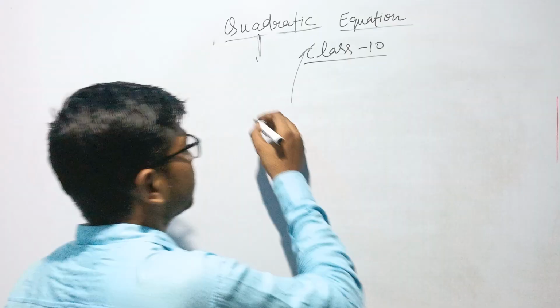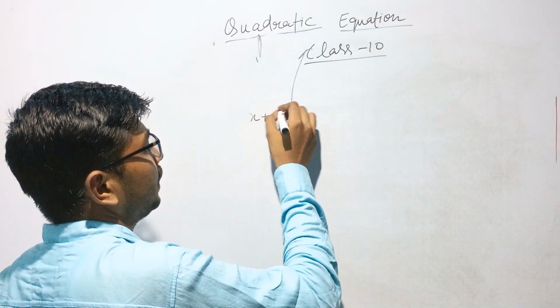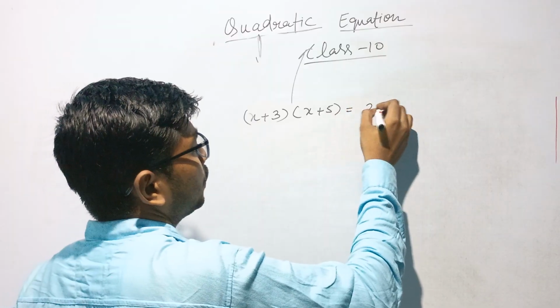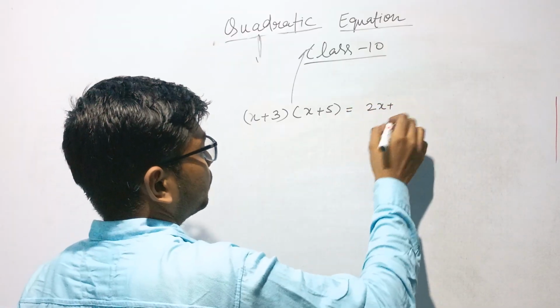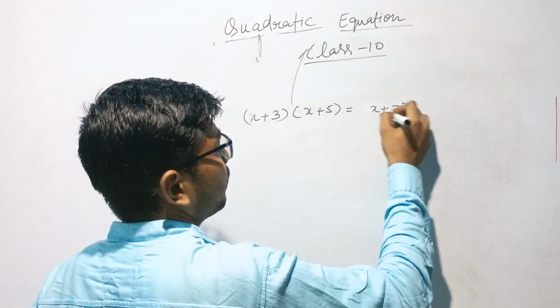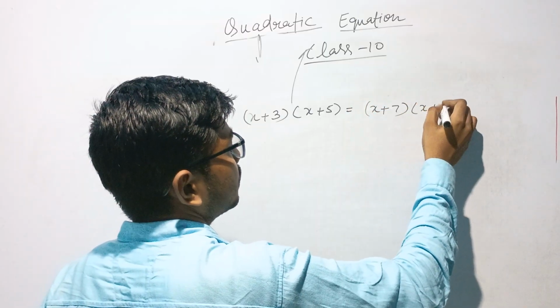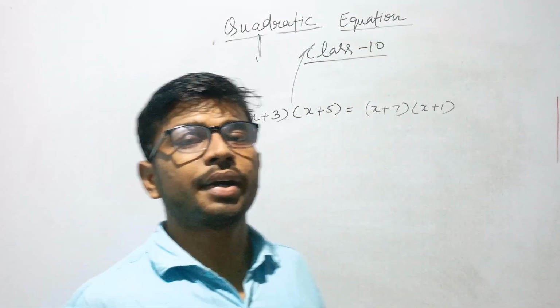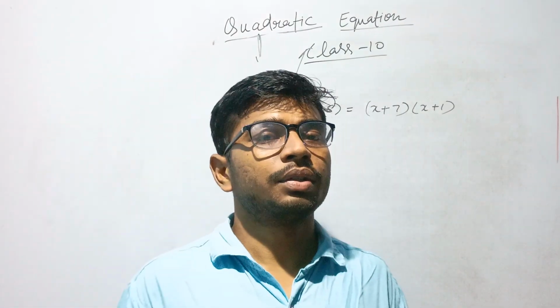Just take an example: x plus 3 into x plus 5 is equal to 2x into x plus 7 or x plus 1. They can ask to check whether this is quadratic equation or not. Okay, so let's check.